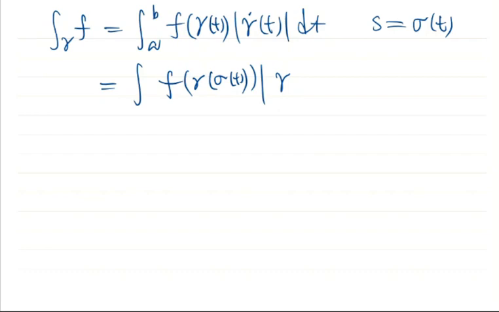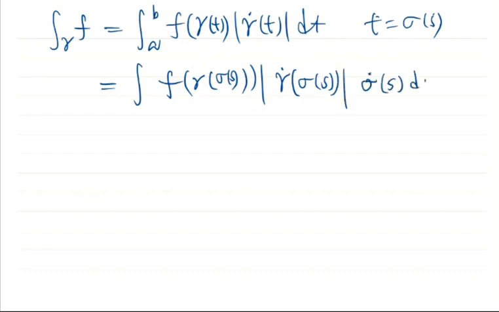Maybe I made a mistake. Sorry, the change of variable is not s equals sigma t. It should be t equals sigma s. So gamma t is gamma of sigma s, gamma prime t is gamma prime of sigma s, and dt is sigma dot s ds.